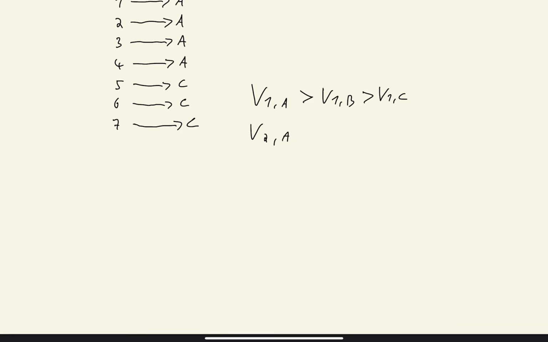Individual 2 prefers A over B over C. So voters 1 and 2 have the same preferences basically. Voter 3 prefers B over A over C. The same holds for voter 4.